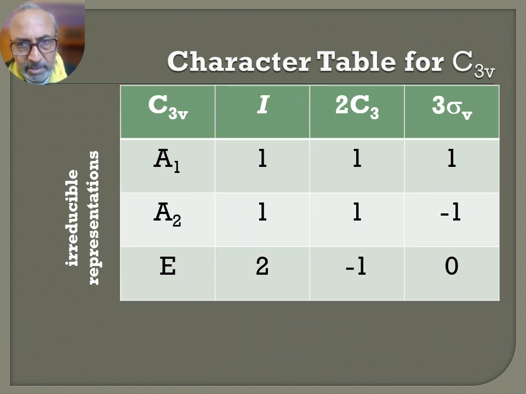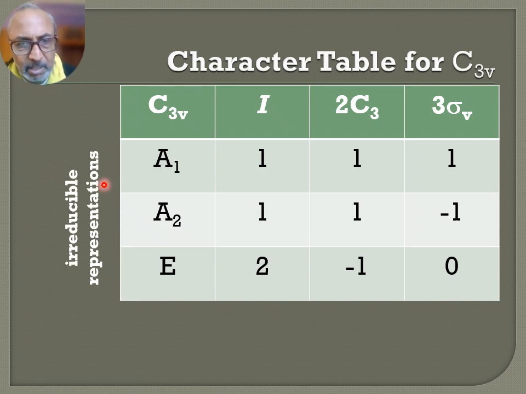Likewise, we can construct the character table for C3V. C3V consists of 3 classes: I, 2C3, and 3 sigma V. Therefore, it has to have 3 mutually orthogonal irreducible representations, and the squares of the dimensions of these irreducible representations have to add up to 6, the order of the group.